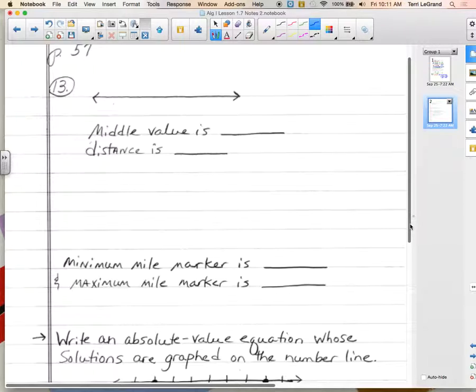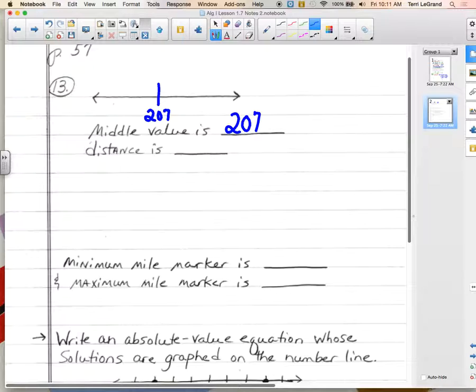A number line there, or the start of a number line anyway, for us to make a picture of what's going on here. So, anybody know where on the number line we should be? Do we have a middle value? What's our middle value? 207, okay. So, I'm just going to put 207 in the middle here. Okay.